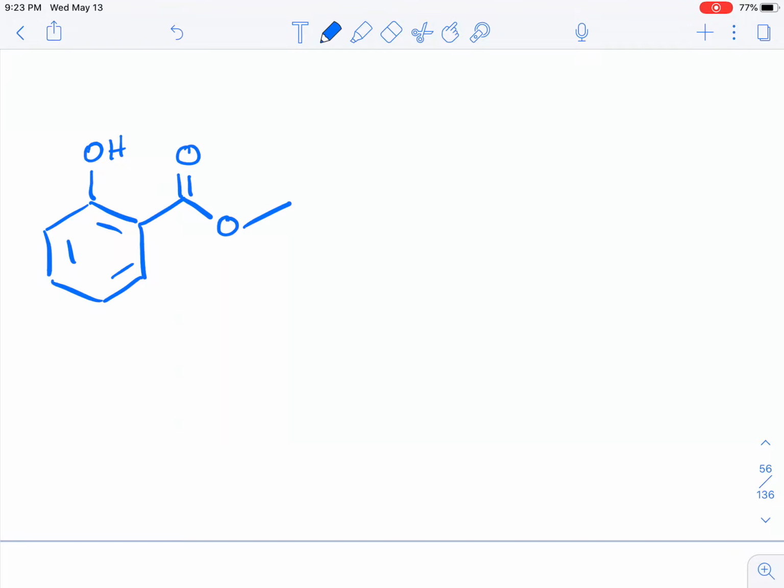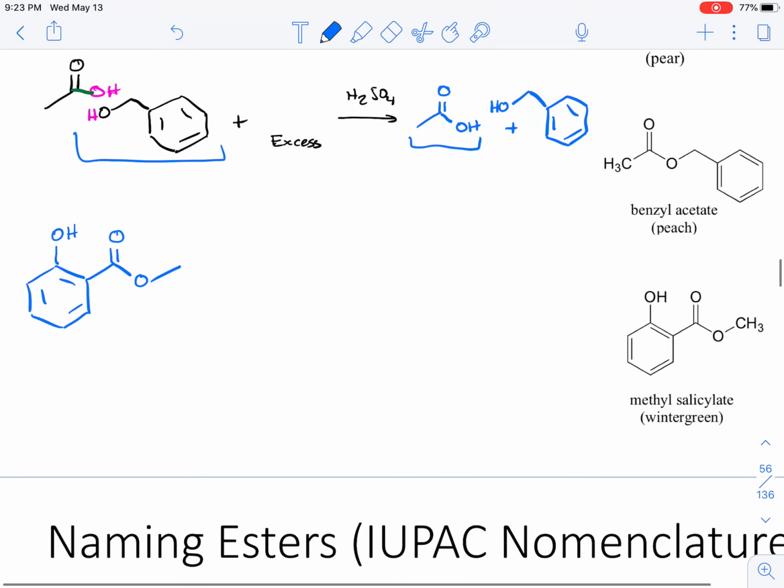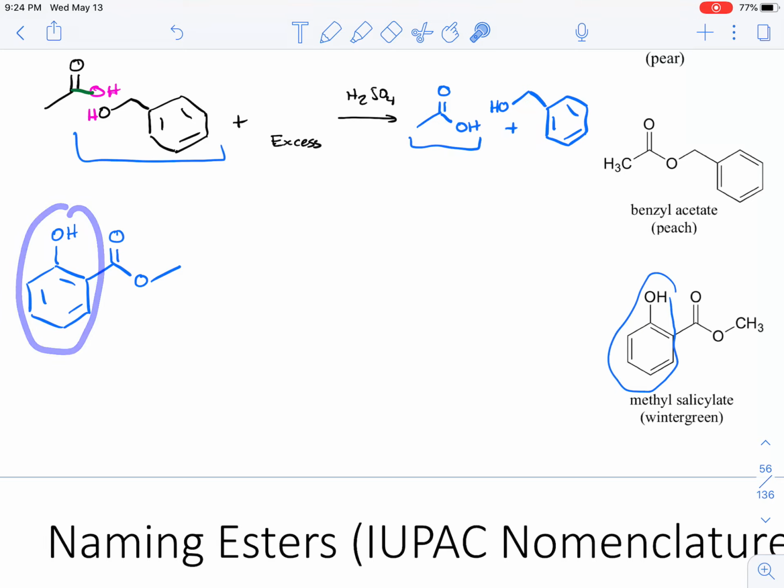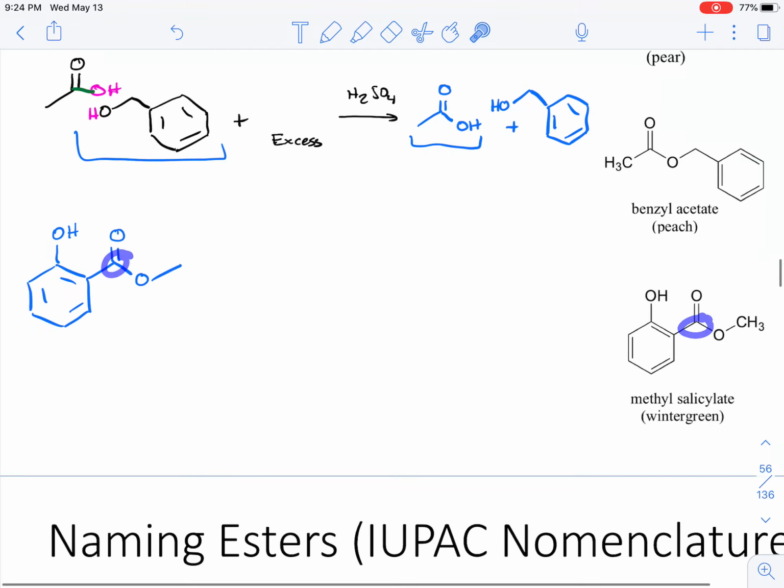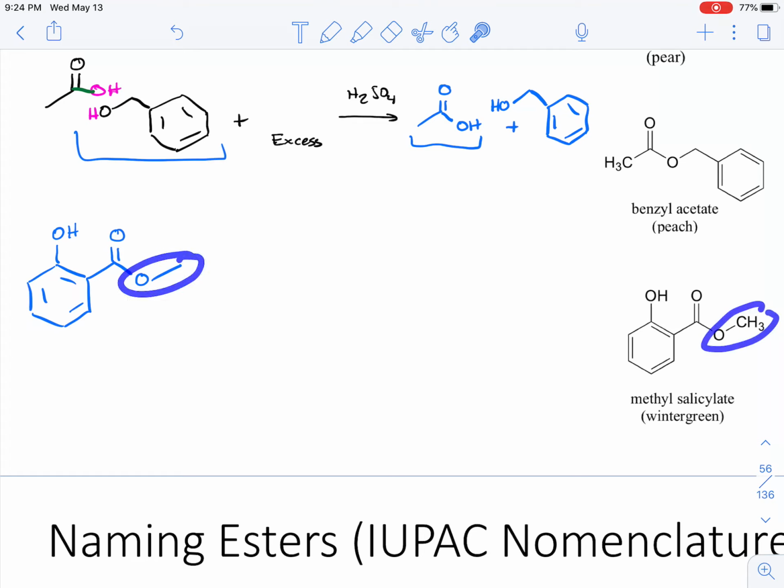Okay, let's see how I did. So I have my benzene ring with my OH, so that checks off. And then I have 1 carbon that's coming off that benzene ring, and that's going to be the carbonyl carbon. And then I have my OCH3, so I copied it correctly.